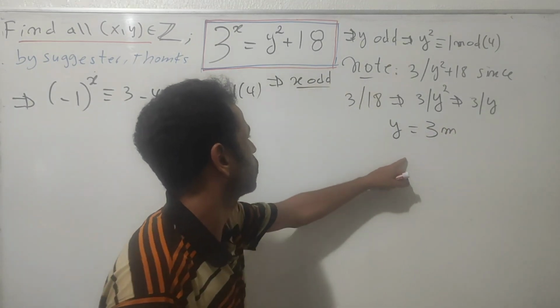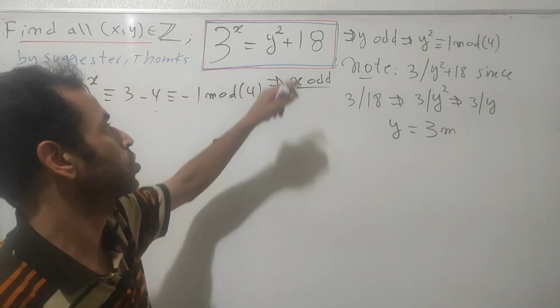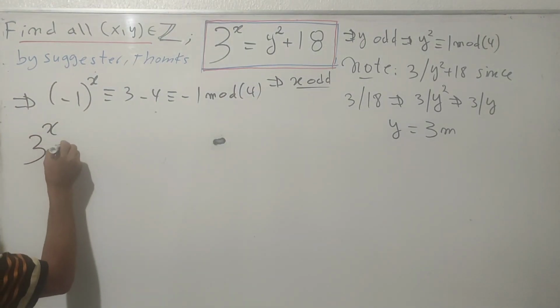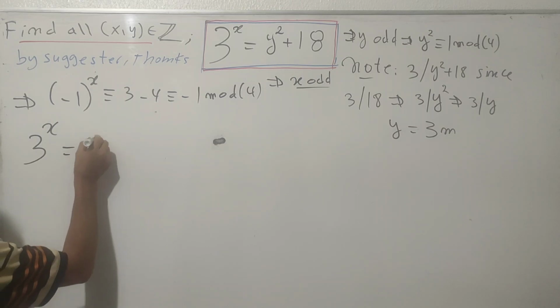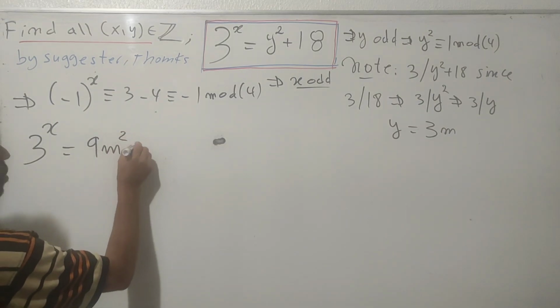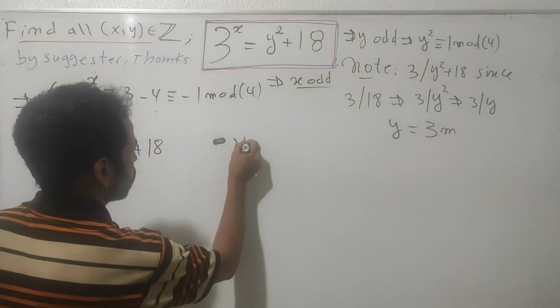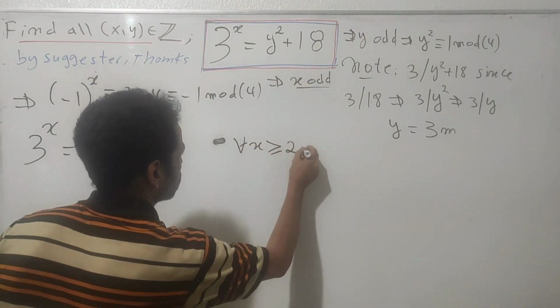If 3 divides y, then y equals 3m. Let's take this value and replace it into the original equation to see the next expression. So we get 3 to the x equals 9m squared plus 18. Now it's simpler. I'm going to divide both sides by 9, for all x greater than or equal to 2.